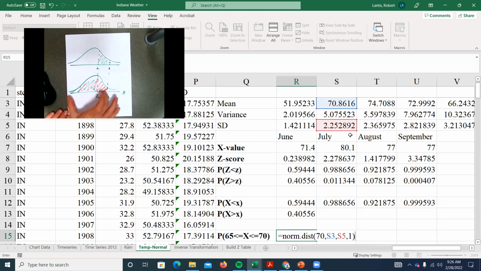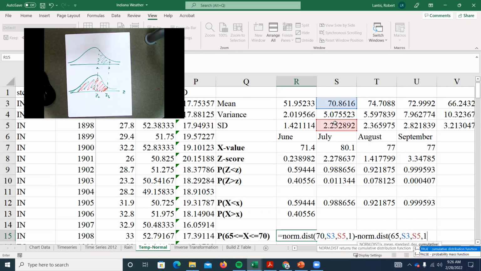That'll give me the red area, the area to the left of the z-score for B. I then want to subtract from that the area to the left of my z-score for A. How do I get that? Norm.dist, 65 was the lower value, comma, here's the mean for June temperature, comma, here's the standard deviation. It's always going to be cumulative, so comma 1.